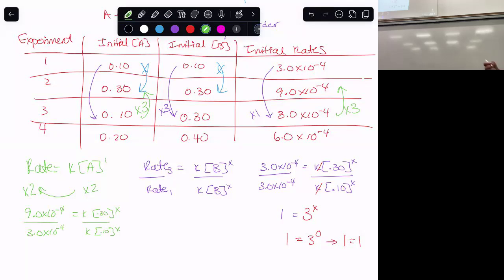Right, so in this case, this is now 3 is equal to 3 to the X. So what does X have to be in order to make 3 equal to 3? Should be 1, so X is equal to 1. So that's why for A, that becomes first power.